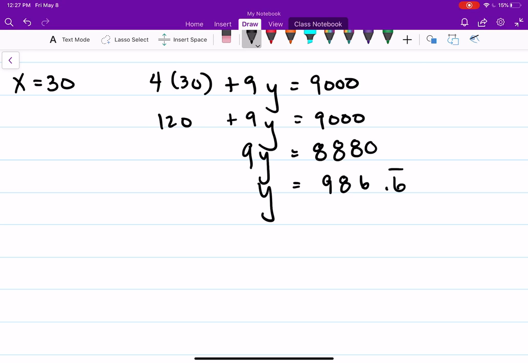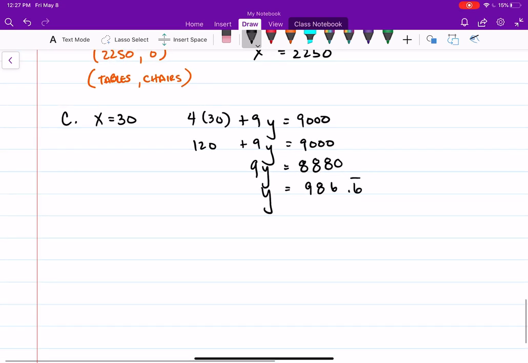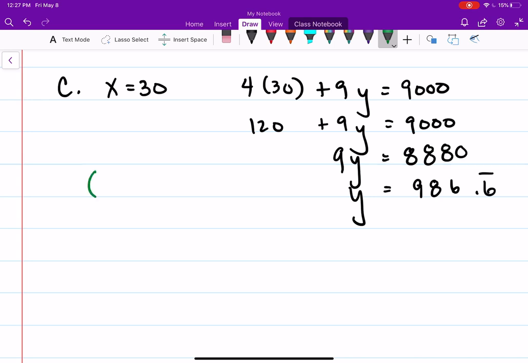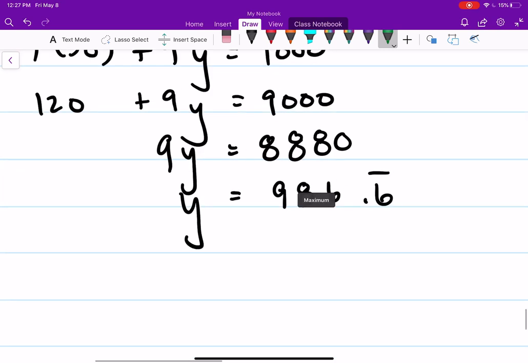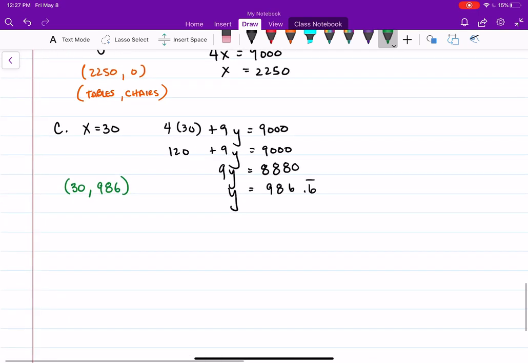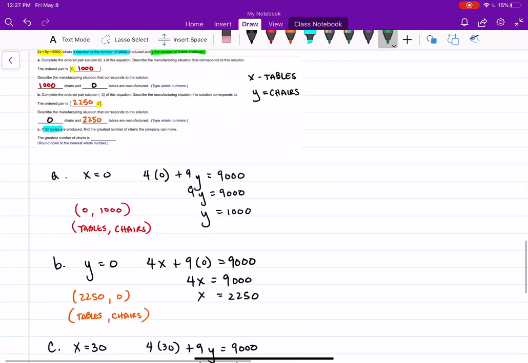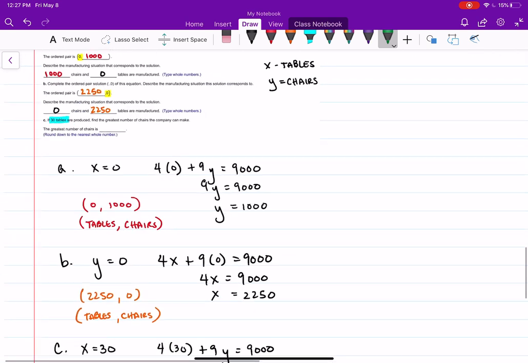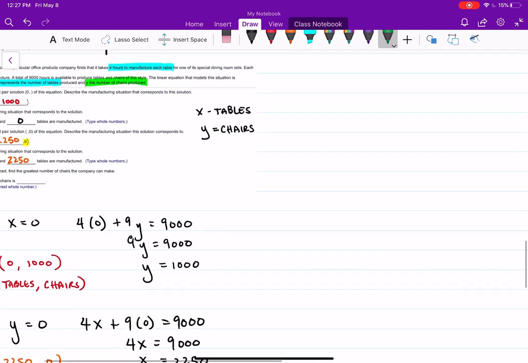Because if it was 987, do I have enough time to finish that chair? The answer is no, I wouldn't have enough time. So when x is equal to 30, I can only make 986 chairs. I can't finish that chair, because I would go past my 9,000 hours. So that is all I can do. How many chairs? 986.